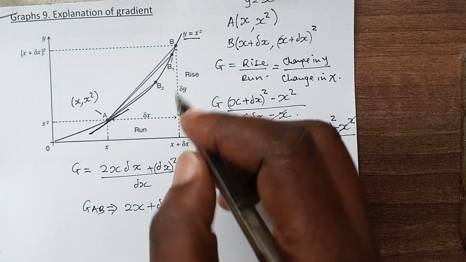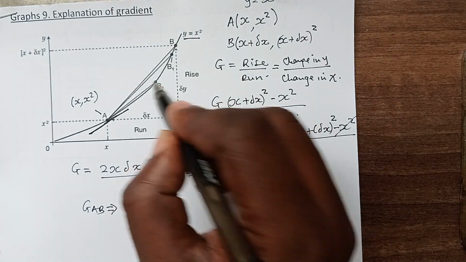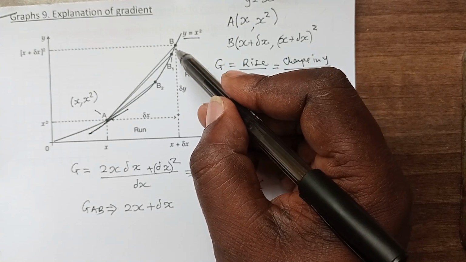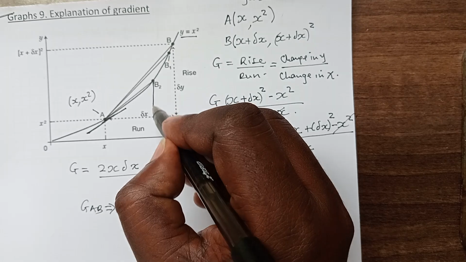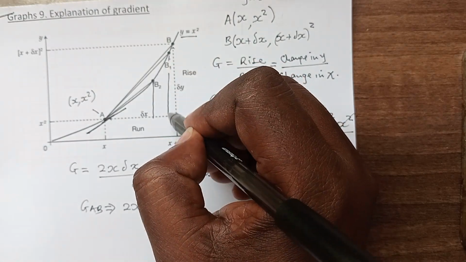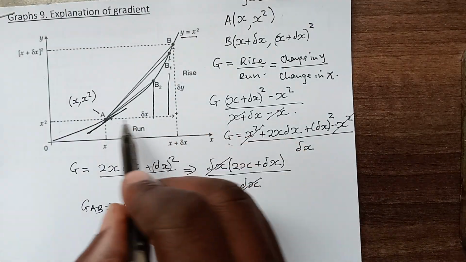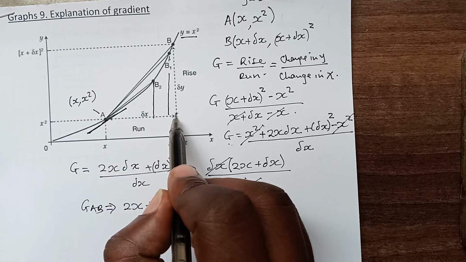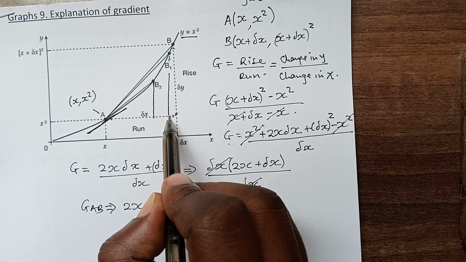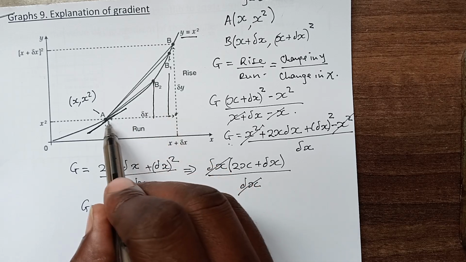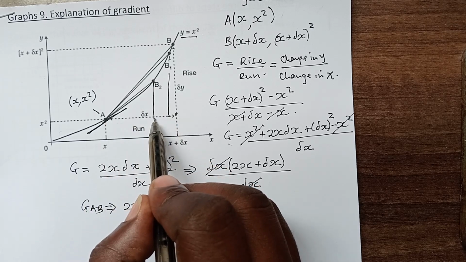How do we do this? So if we continue to push B closer to A, the delta x continues to decrease. Delta x was from here to here. When we came to B1, delta x was from here to here. When we came to the point B2, delta x is now from here to here, reduced.